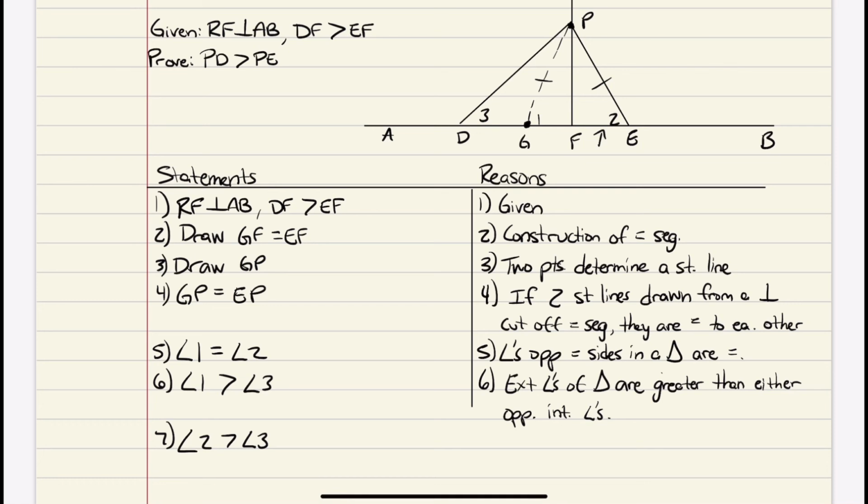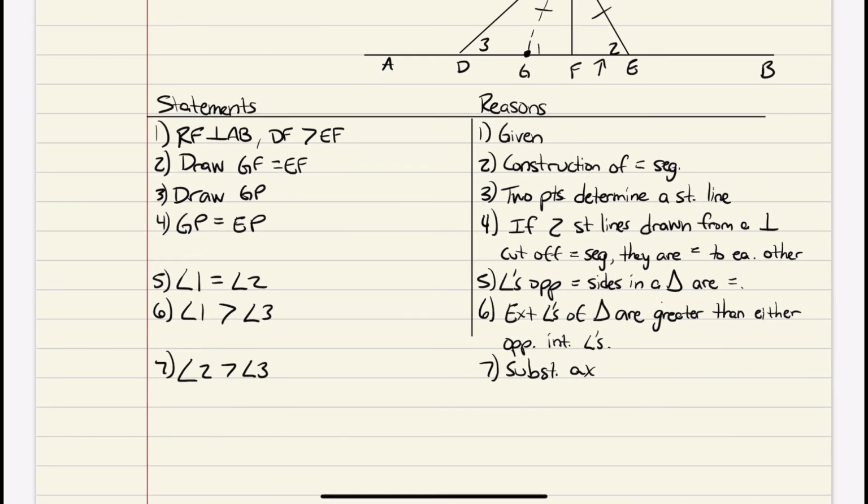And why could I say that? I just said that angle 1 is greater than angle 3. How could I say that angle 2 is greater than angle 3? Well, previously, in step 5, we said that these two angles are equal. And if this is greater than that, then that has to be greater than that. And we could say the substitution axiom there. Substitution axiom. Just substitute equal quantities for equal quantities, and the statement remains true.